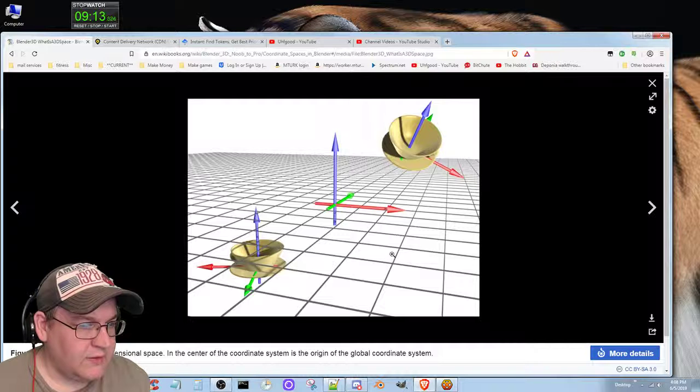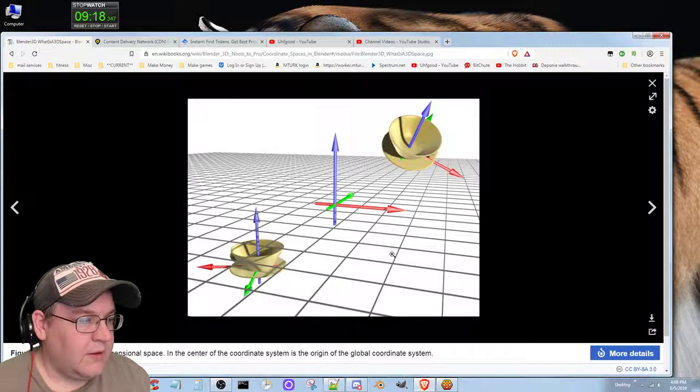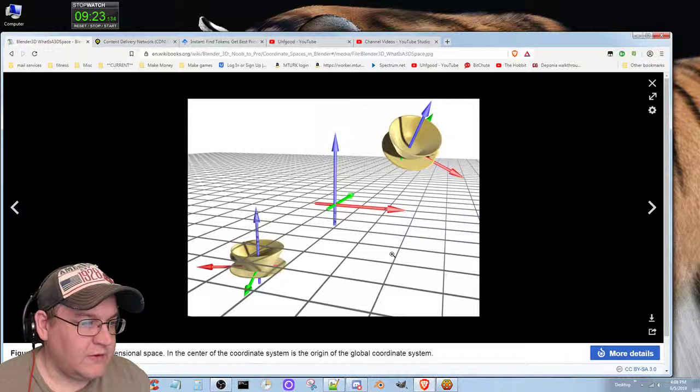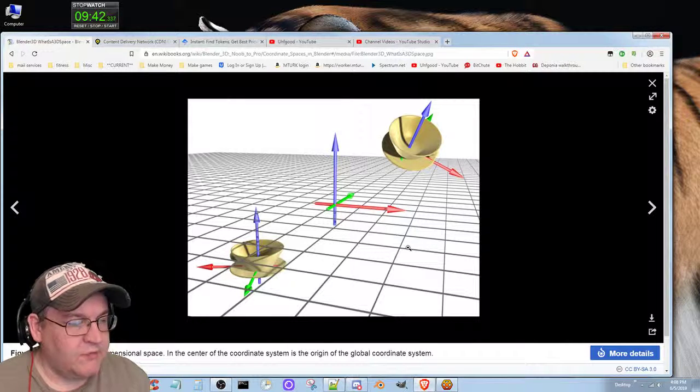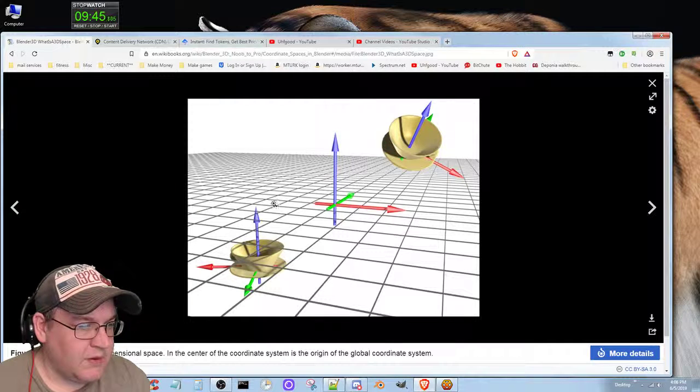Now, what I don't get is, okay, so RGB, so X, Y, Z. So Z is your blue, and so apparently the Z axis is up and down. So when you want to move anything up or down in the scene, you go on the Z axis. Now the X axis is like left to right, depending on if you're in the front or whatever, but it goes horizontally.